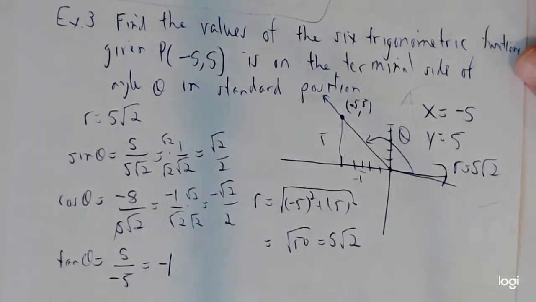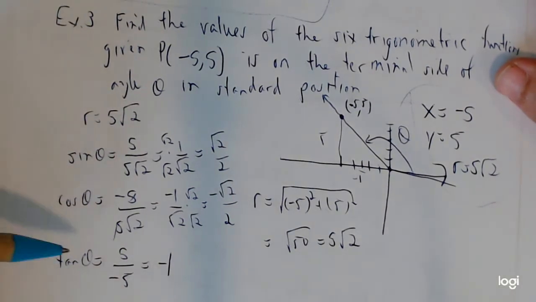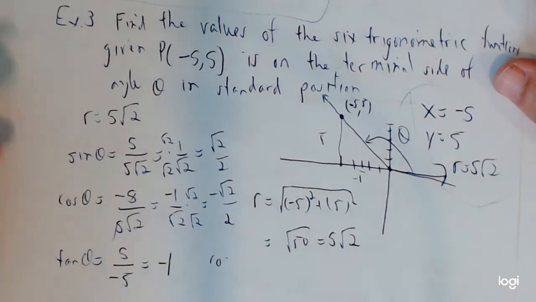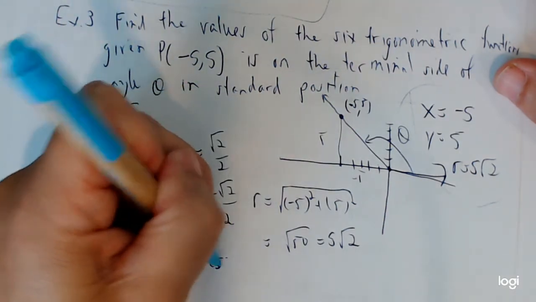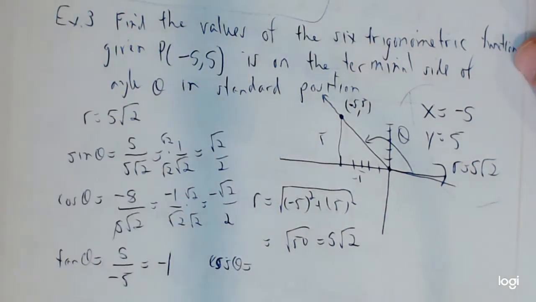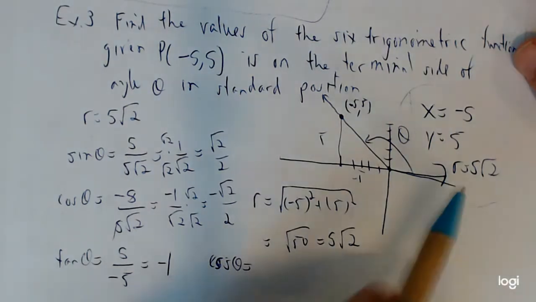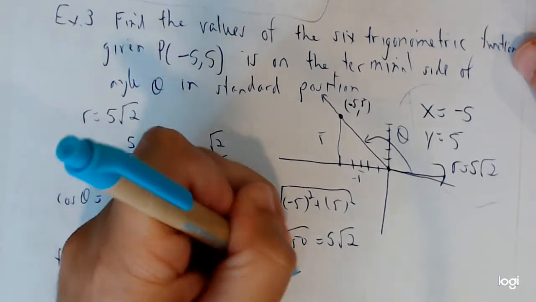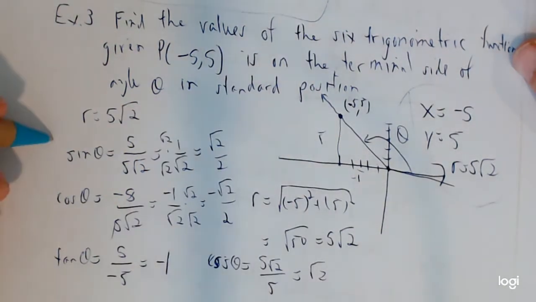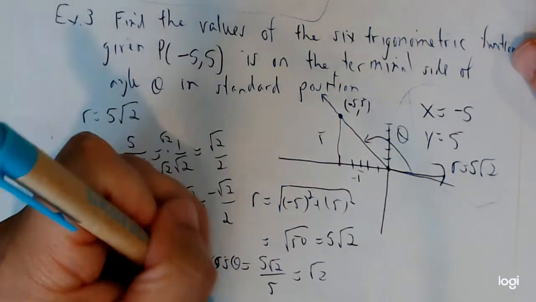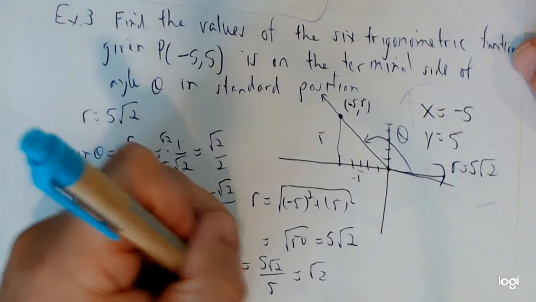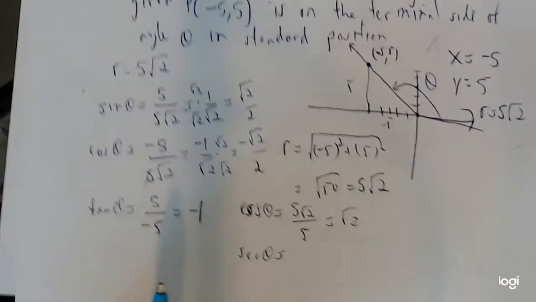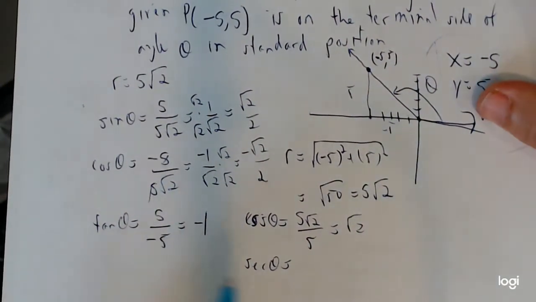Now we also need to find the reciprocals of these. If sine of theta was y over r, cosecant of theta would be r over y. And what's r? We said r was 5 rad 2, so 5 rad 2 over 5 is rad 2. Then we have secant of theta, which is r over x.